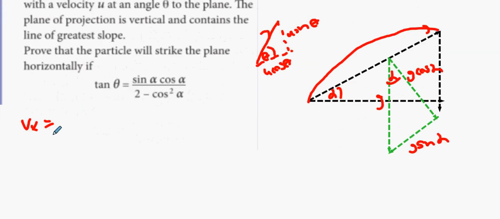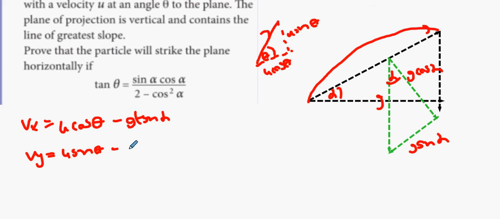Vx is u cos theta minus, I say minus, g t sine alpha. This means Vy is u sine theta minus g t cos alpha.